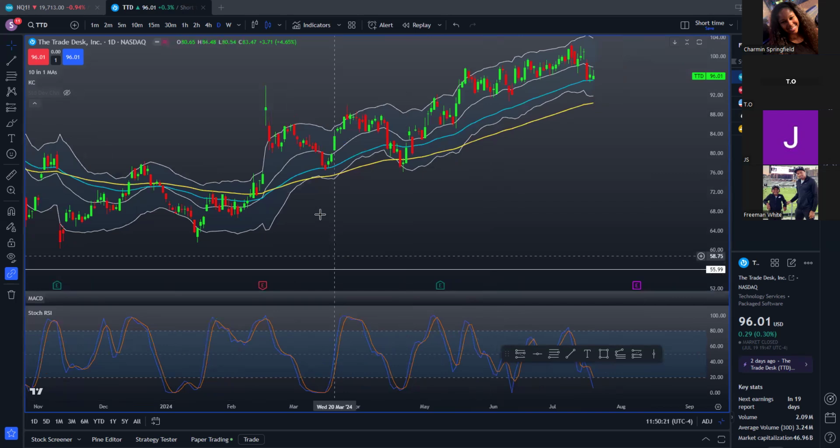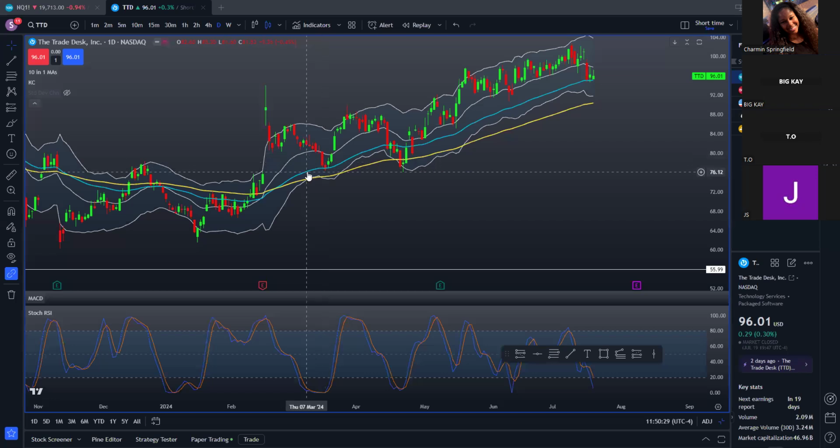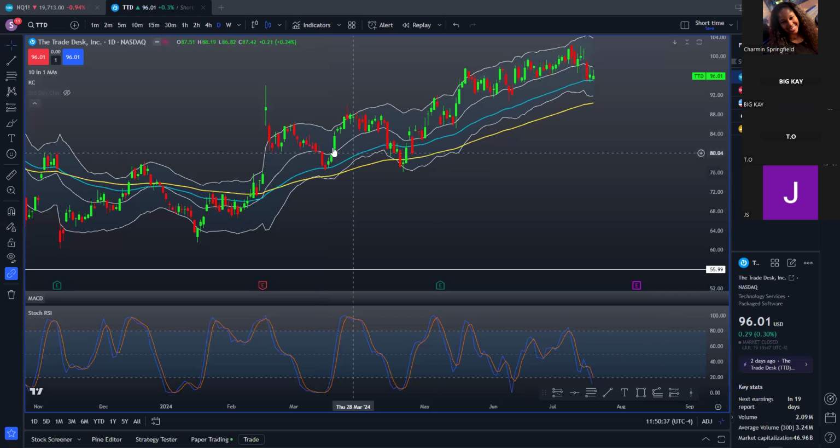So price action comes down, touches our 50 EMA. 50 is above the 100, so we know we're going up. But when I see it come down here, look what also is happening down on my stochastic. We're also oversold in my stochastic.